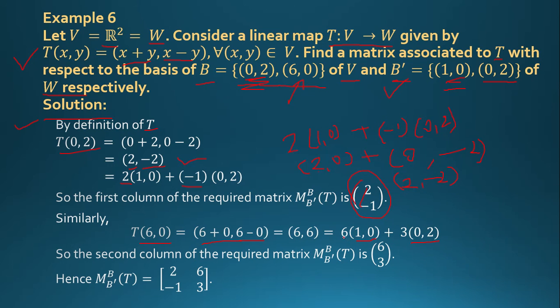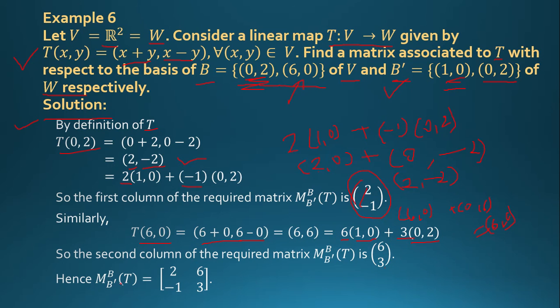So 6 into (1, 0), which means in the first component we get (6, 0), plus 3 into (0, 2), 3 into 2 is equal to 6. So (6, 0) plus (0, 6) is equal to (6, 6). So we get the second column 6, 3.